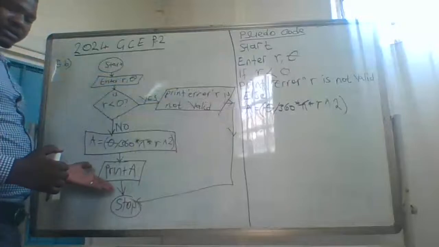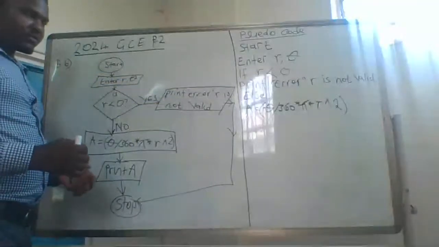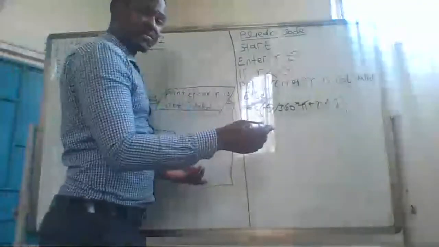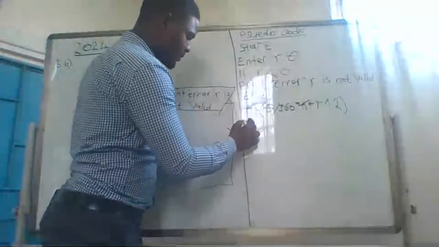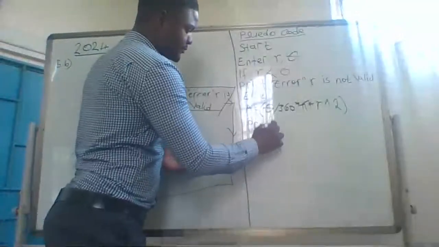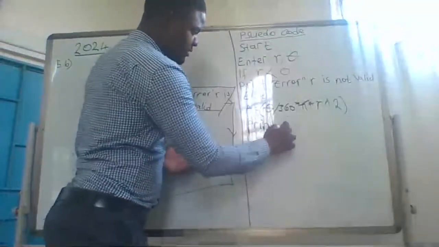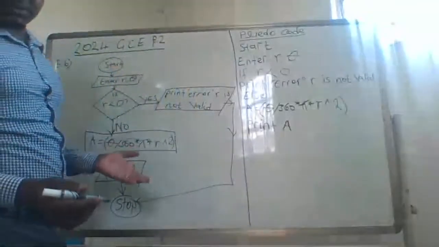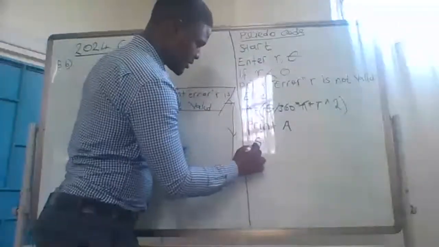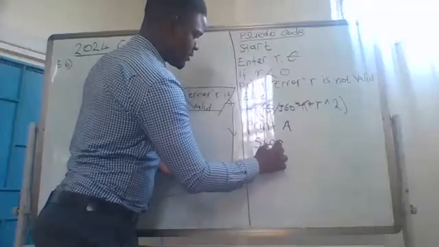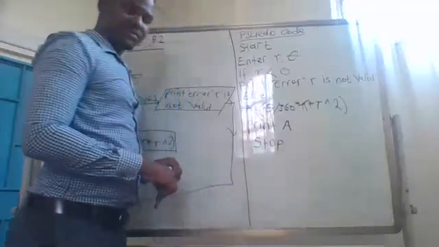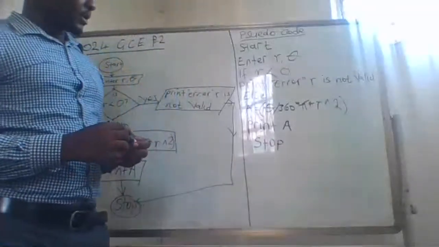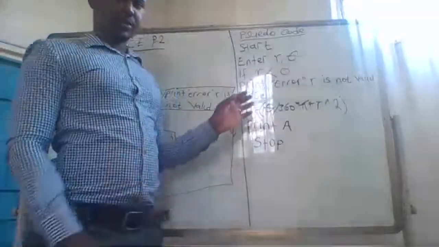Then you print whatever you have to print there. In this case, we are printing area, which is our A. You say print A. After you print A, definitely you have to stop. And this marks the end of our pseudocode program.